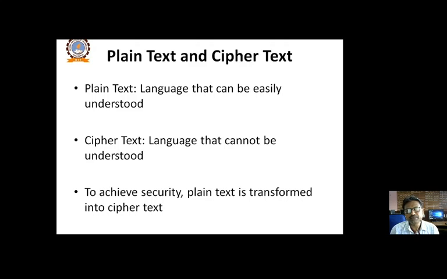Whenever we encode plain text into an unreadable form, that is called ciphertext. Decoding the ciphertext to understand the message gives plain text. So plain text is a language that can be easily understood, and ciphertext is a language that cannot be understood. To achieve security, plain text is transformed or converted into ciphertext.